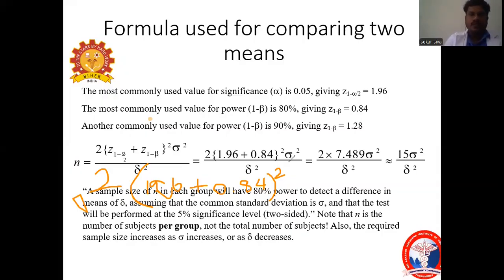It is usually used in comparison of two groups.